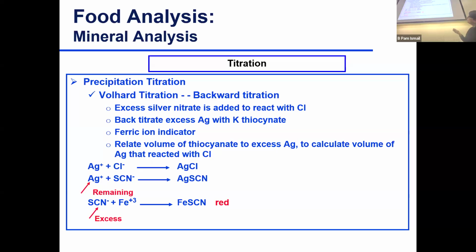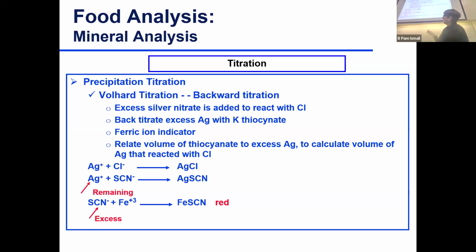So in Volhard titration, you add an excess amount of silver nitrate. So you don't titrate with silver nitrate. You get your sample that has sodium chloride in it. You just add a known amount of silver nitrate to the sample in an excess amount. Then you take that and titrate with thiocyanate until all of the silver is picked up by the thiocyanate.